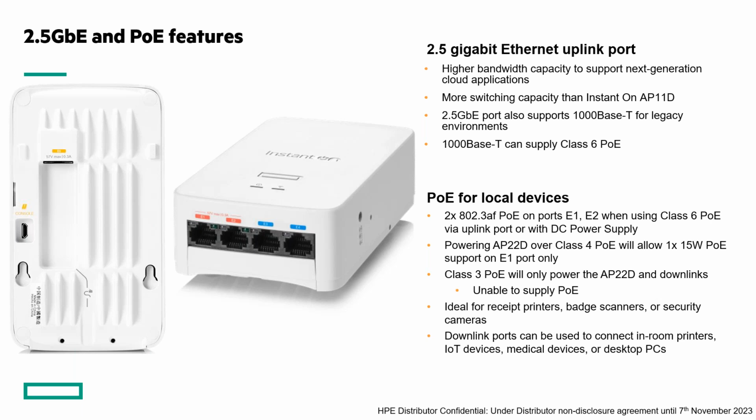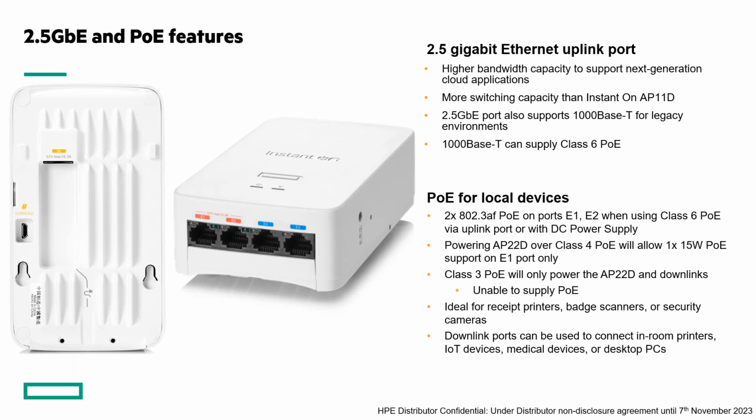Now, if you're supplying class 6 PoE to the device, then you can use 2 of those Ethernet ports that can support power supplied to them in order to power things such as a voice over IP phone, or perhaps a printer or a badge scanner, etc., maybe a security camera off those additional ports.